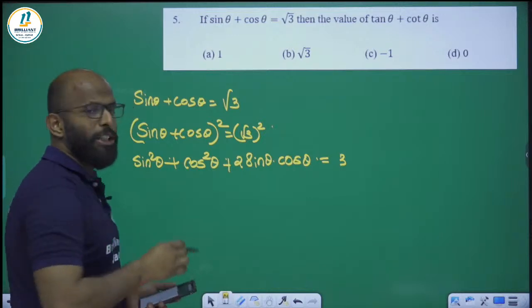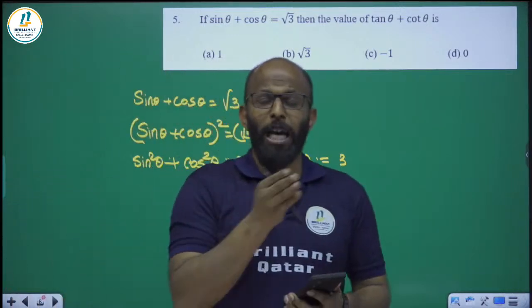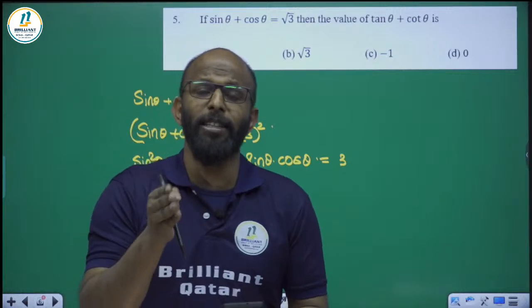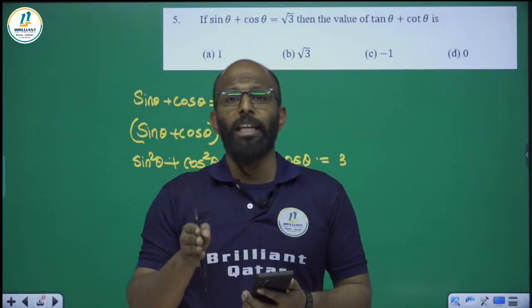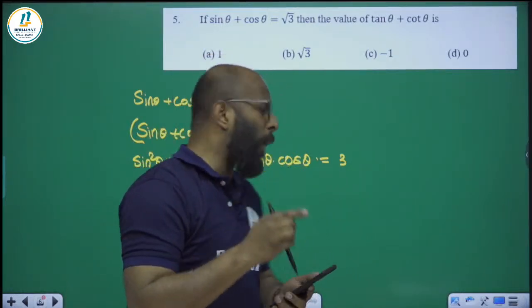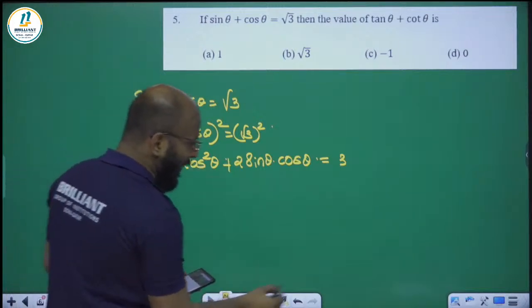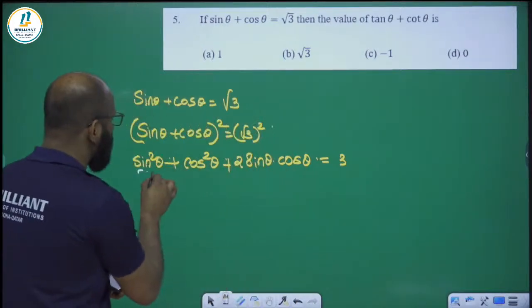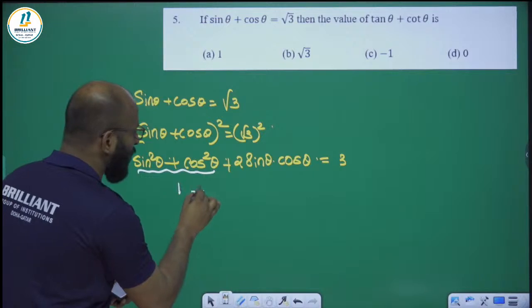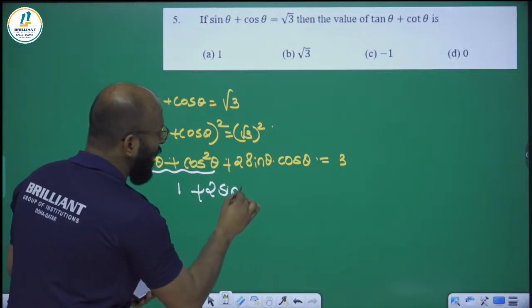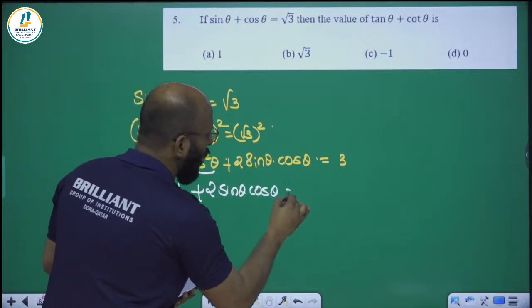Now what is sin square theta plus cos square theta? In the previous question we discussed the first identity: sin square theta plus cos square theta is equal to 1. So we can substitute 1 plus 2 sin theta cos theta is equal to 3.